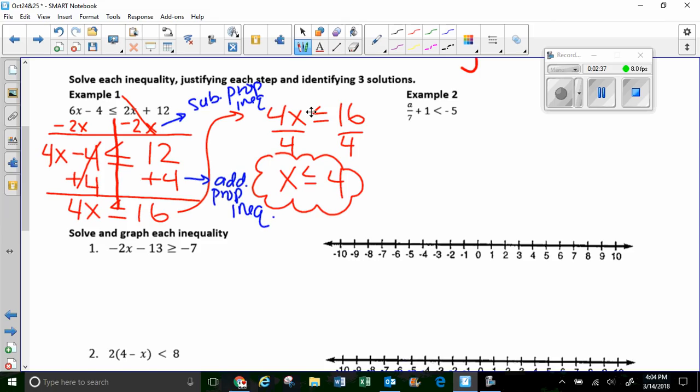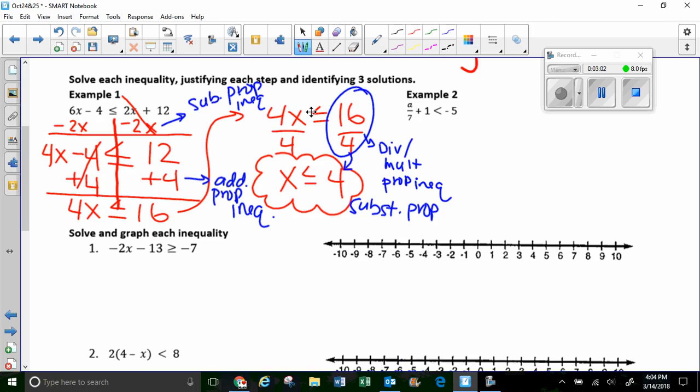And then the last step would be division, or you could say also multiplication property of inequality. And the last step, when I simplify 16 divided by 4, you can think about it, I replace 16 divided by 4 with 4. That would be the substitution property.